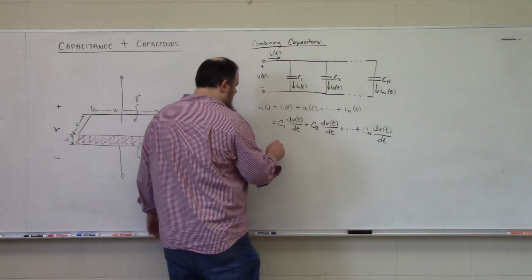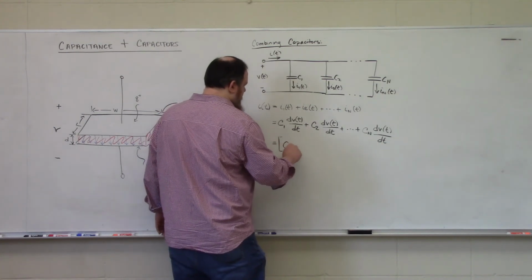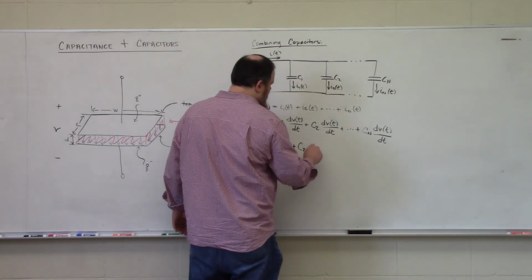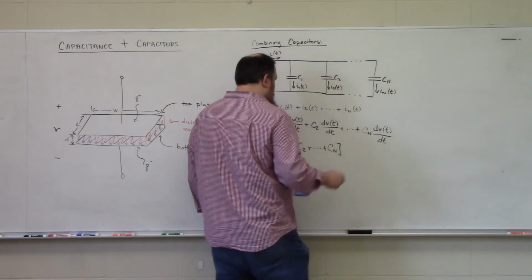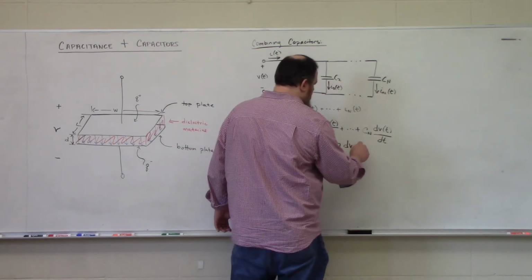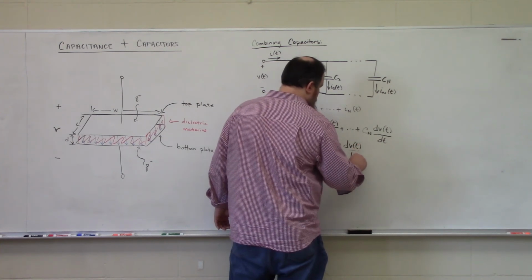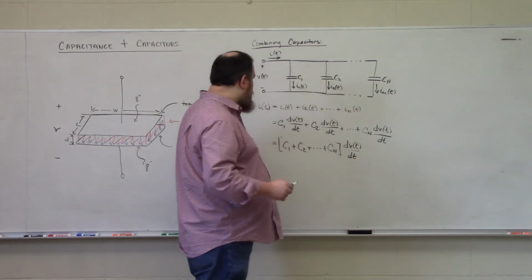So we can factor that out, leaving us with C1 plus C2 plus Cn multiplied by the derivative of the voltage. So that's our total current.